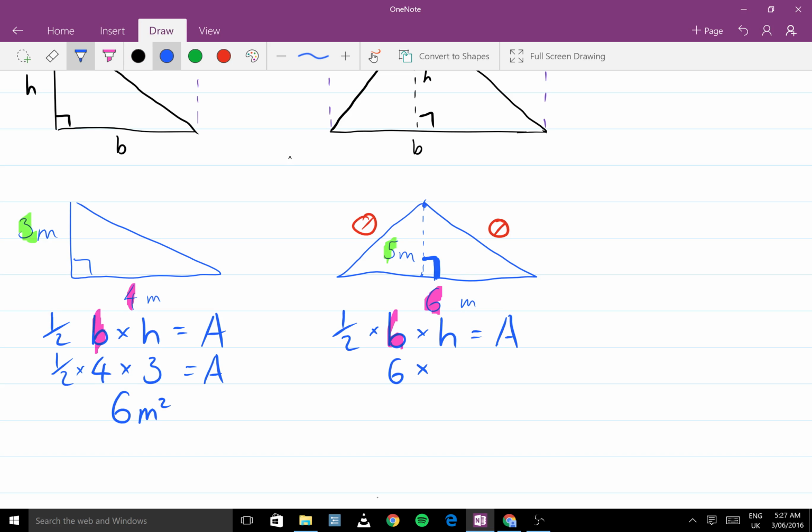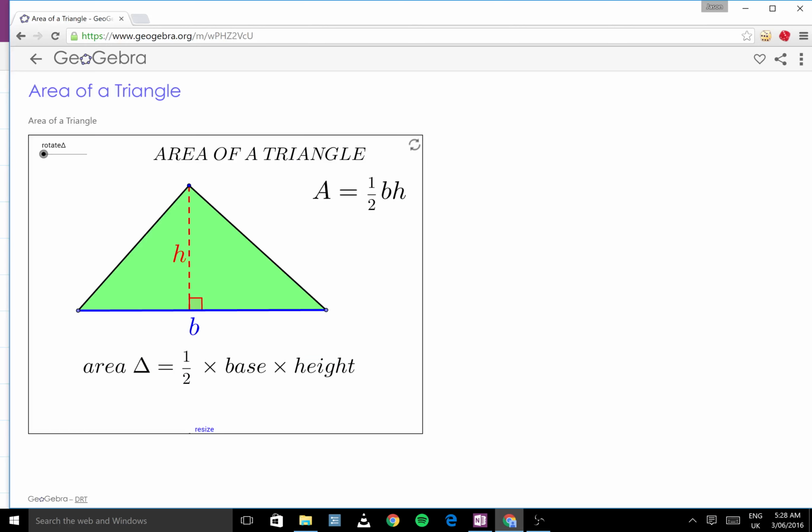We take our height of 5 and we write it under height, and we half it, and that gives us our area. So 6 5s are 30, half of that is 15 meters squared.